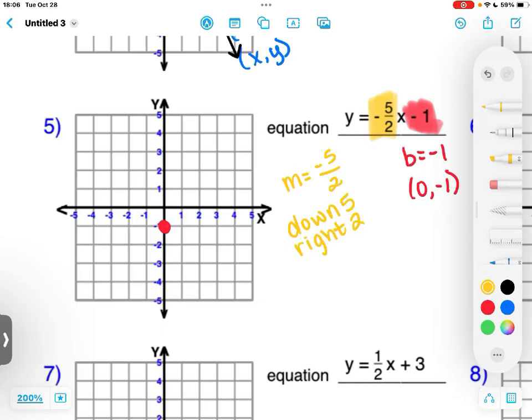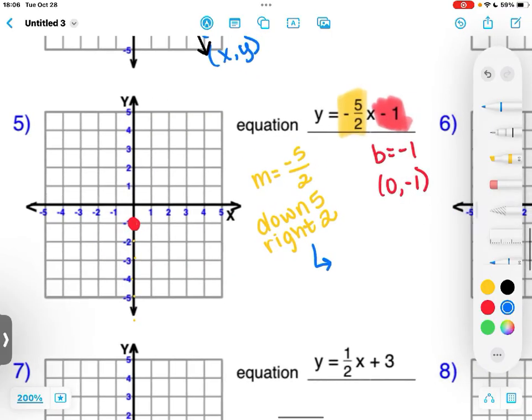Now I have a little bit of a problem here though. If I go down 5, I am off the graph. So another thing I could do is go in the opposite direction for both. Rather than going down 5, I could go up 5, and rather than going right 2, I could go left 2.